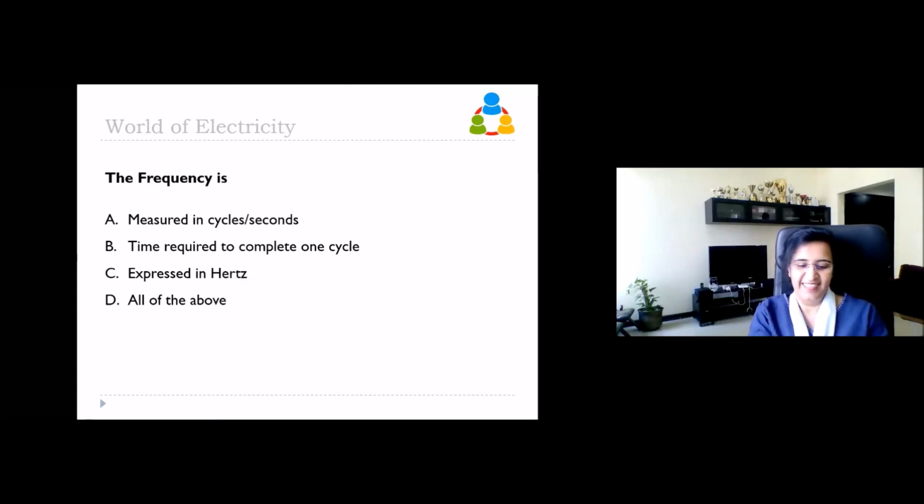Yes Vinayak, yes Ritikesh, Gilbert, Megha, Haripriya, Sriyesh. Frequency means how many cycles per second, so the first one is correct. It is also the time required to complete one cycle, and it is expressed in the unit hertz. So all of them are correct about frequency.